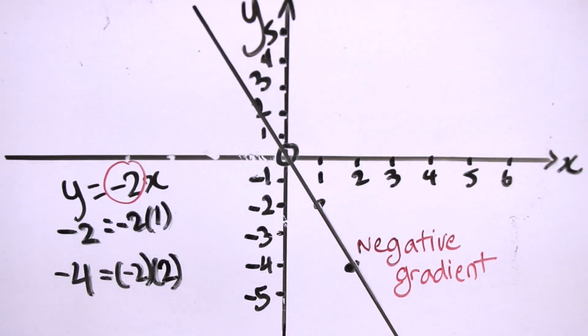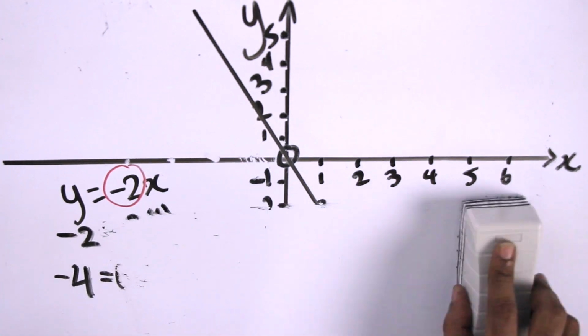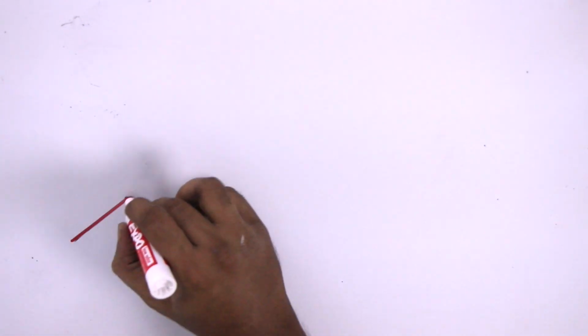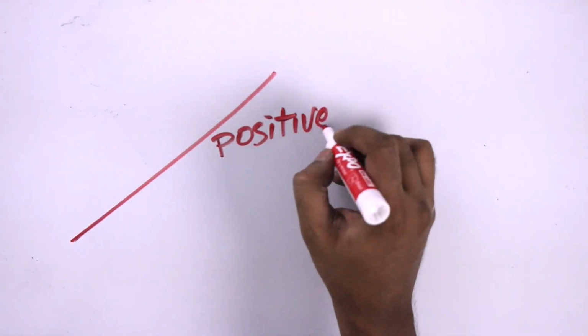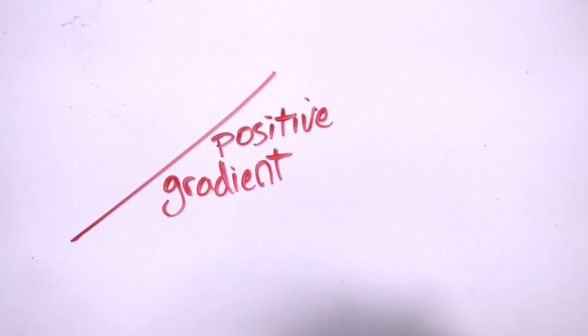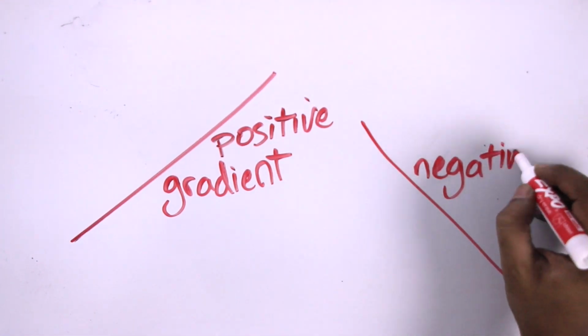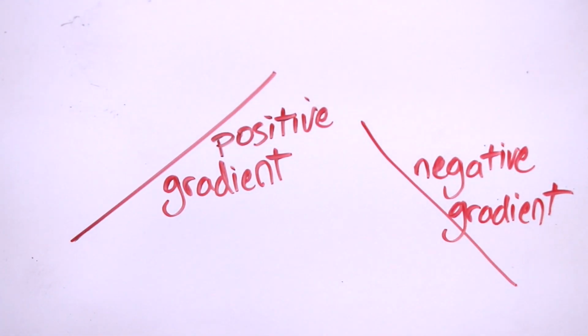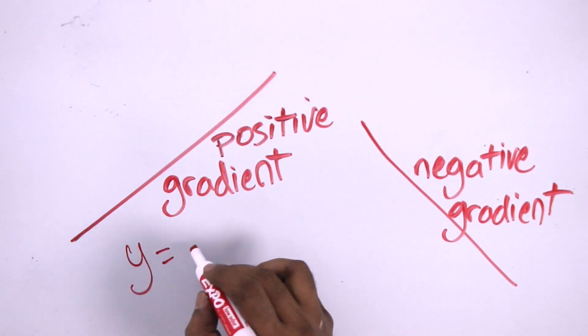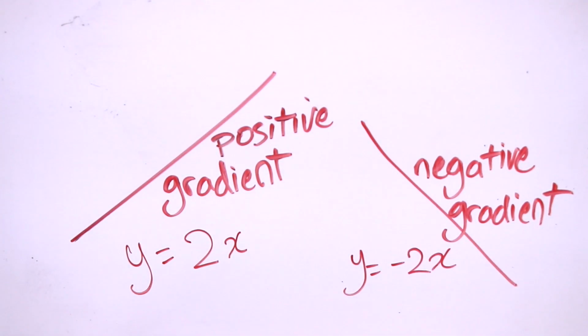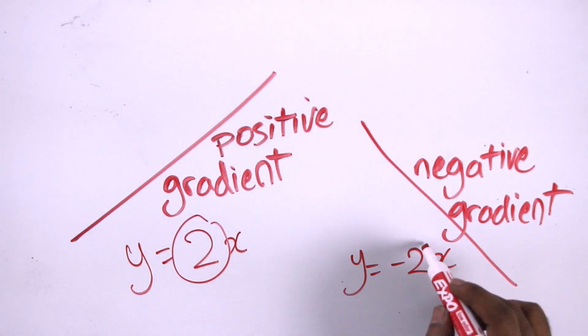And it occurs when the number multiplied by x is a negative number. So to recap, a positive gradient is usually slanted to the right, whilst a negative gradient is usually slanted to the left, and is determined by a positive or a negative number being multiplied by x.